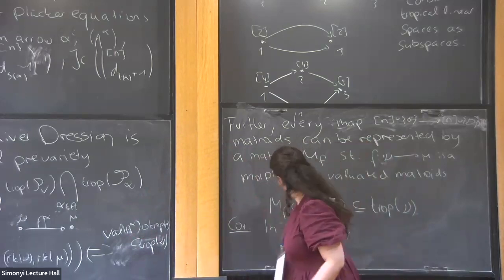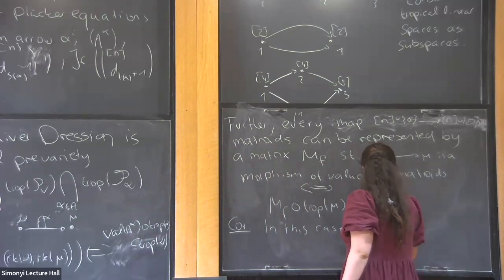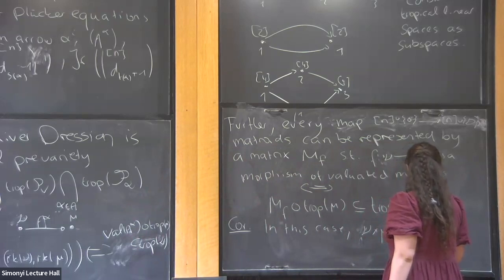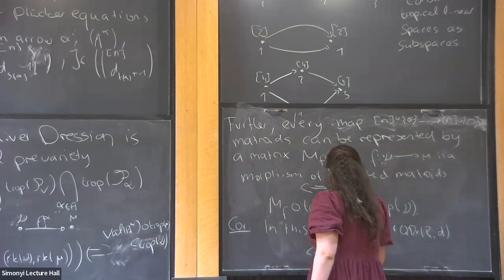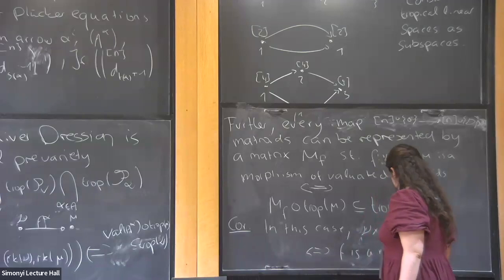The condition here, mu times mu is in the Quiver Grassmannian, if and only if F is a morphism of valuated matroids.